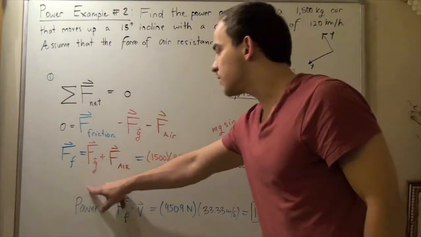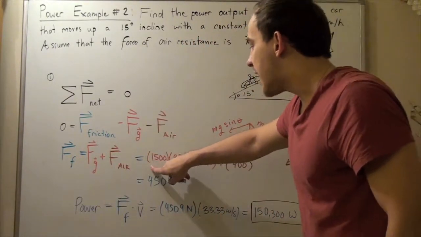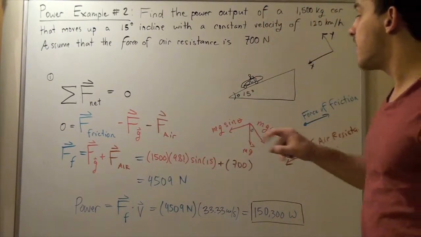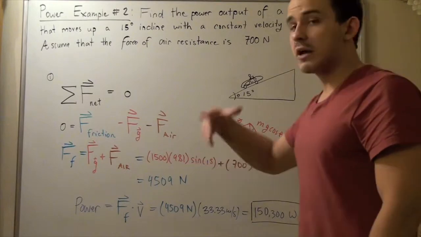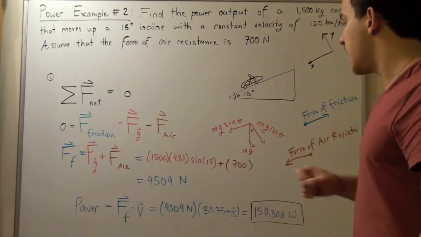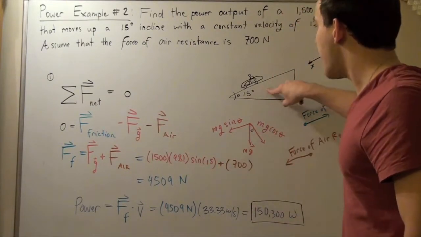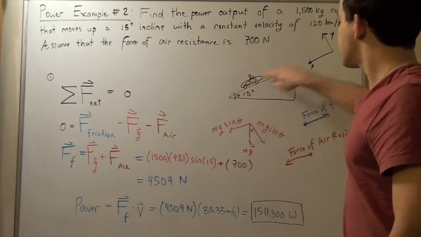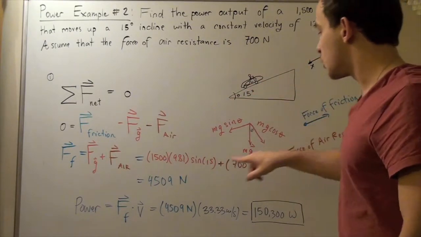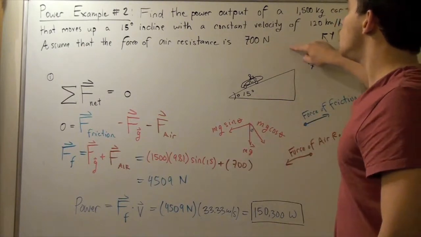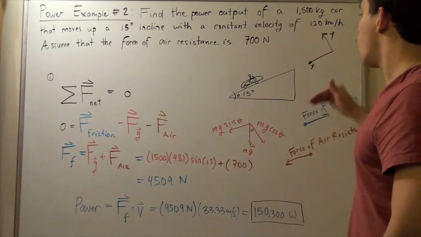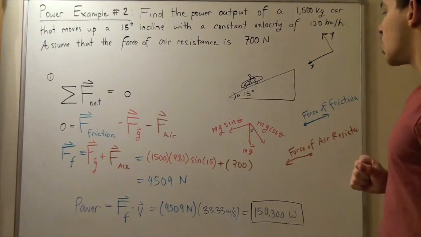So our force of gravity is simply 1,500 kilograms of mass times 9.81 meters per second squared, our gravitational field, multiplied by the sine of the angle that our axis makes with our ground. So sine 15 plus we said 700 newtons of force due to the air resistance going this way.